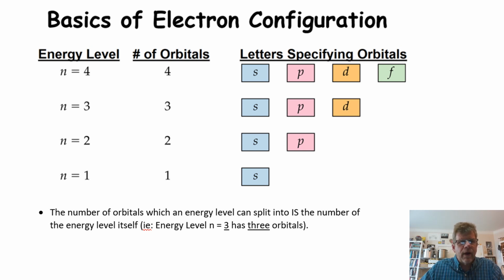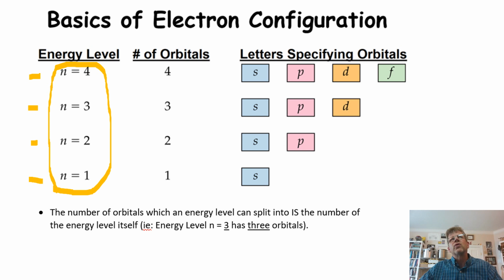Notice over here on the left-hand side, we have our energy levels starting at the bottom because that's the lowest energy: n equals 1, n equals 2, n equals 3, and n equals 4. Now I said that energy levels can be broken down into orbitals. Let's look at this bullet point right here. The number of orbitals which an energy level has is the number of that energy level itself.